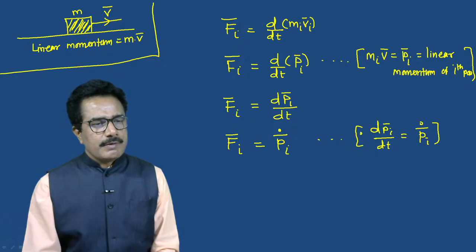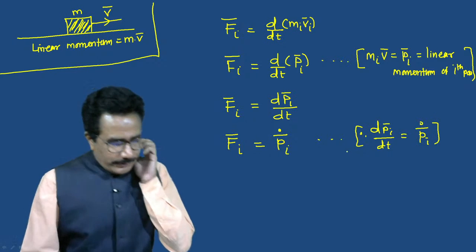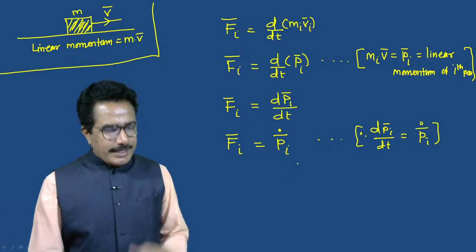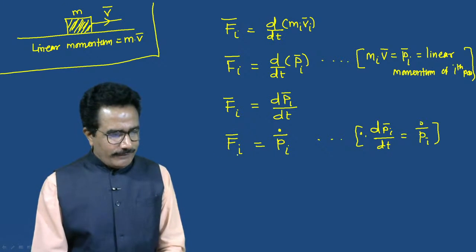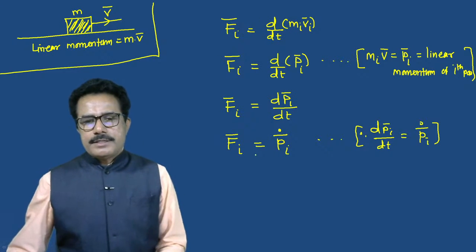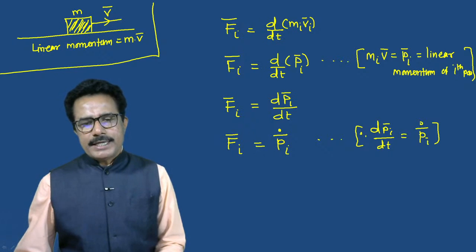See this. So we get the relation Fi bar is equals to pi bar dot.